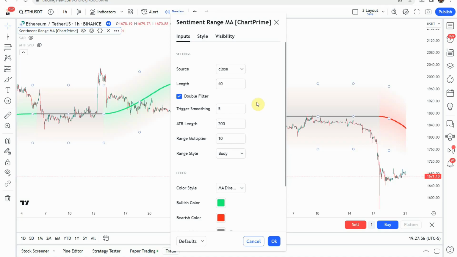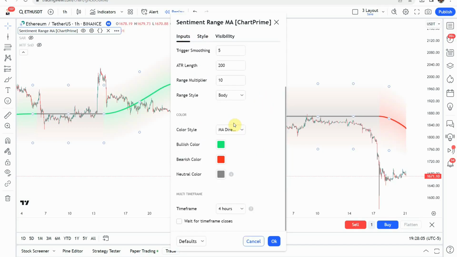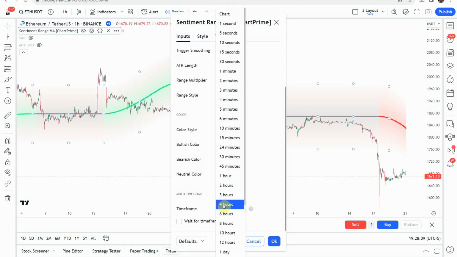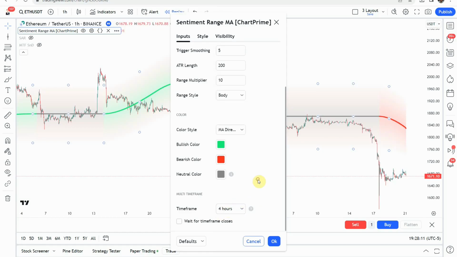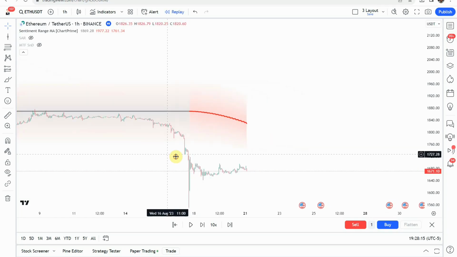You will change the length to 40 like this. Make sure all these settings match up as you see here. Then on the time frame, you're going to change that to a 4-hour time frame, and that'll give you what you see here on screen.